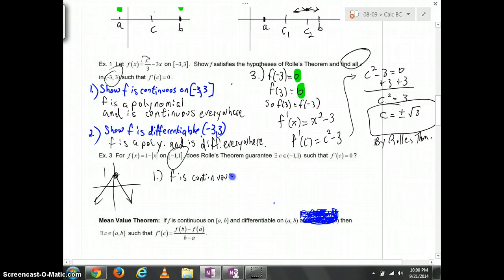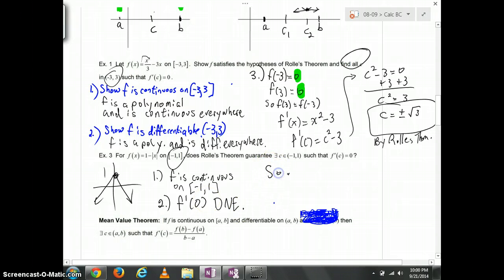And really we could even go back to the definition of continuity to prove that, to show that everywhere on that interval f exists for any given x value there. The limit would exist for that x value and they'd be in agreement. But here's the problem. F prime of 0 does not exist. We have a corner there.